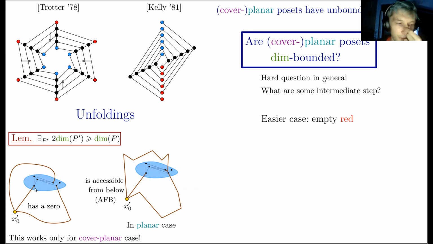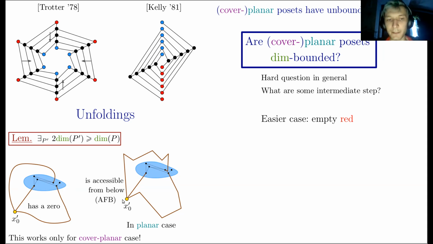In this cover graph situation, we have a zero. By a zero in a poset, I mean an element which is minimal in the global sense, so it's under every other element in the poset. So this x naught prime is really a zero, and it's a minimal element.